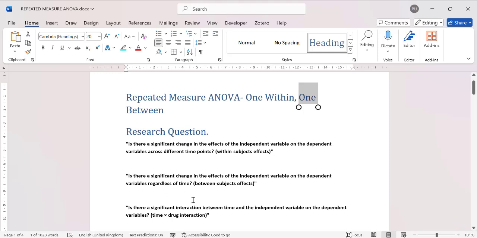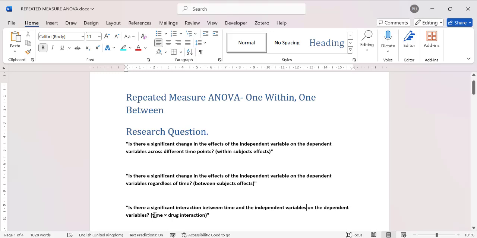Now when you are not concerned about time, you just want to know the effects of the independent variable on the dependent variable regardless of time. That is between subject effects. Finally, in repeated measure ANOVA, you are asking, is there a significant interaction between time and the independent variable on the dependent variables?